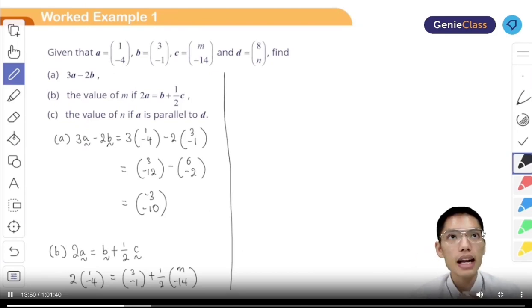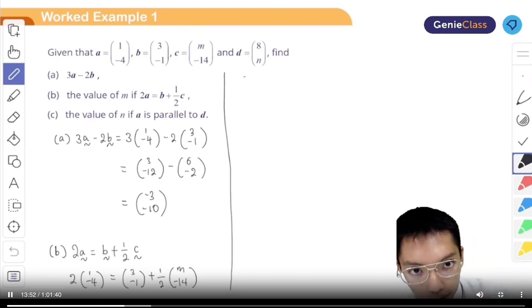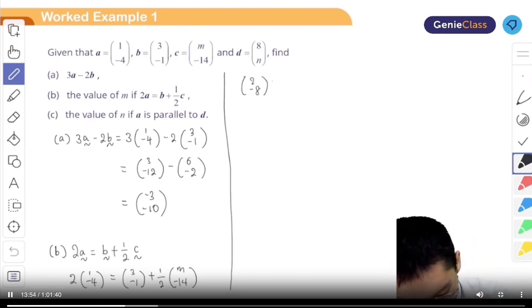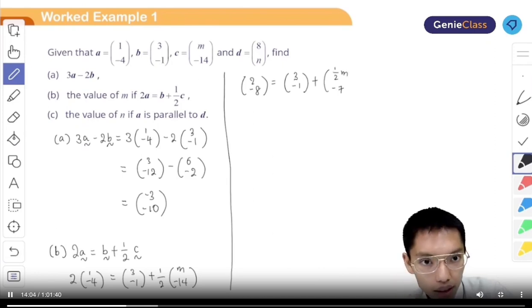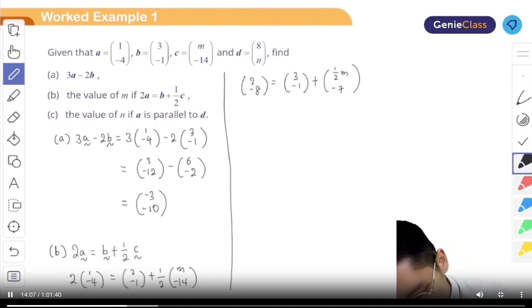So let me write another line. That's where I have 2, negative 8 is equal to 3, 1. Plus, in this case, just multiply my constants in, half m, negative 7. So henceforth, it should be the same. If you realize they are the same, 2, negative 8 is equal to 3 plus half m and negative 8.